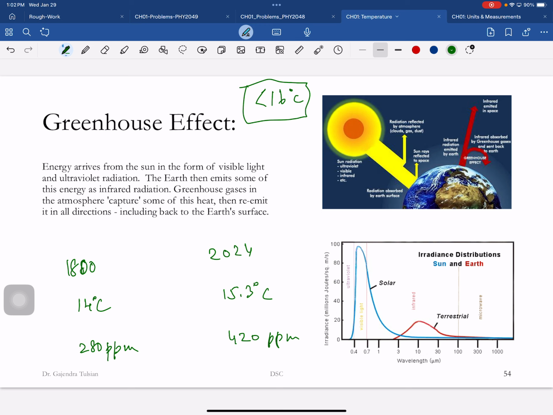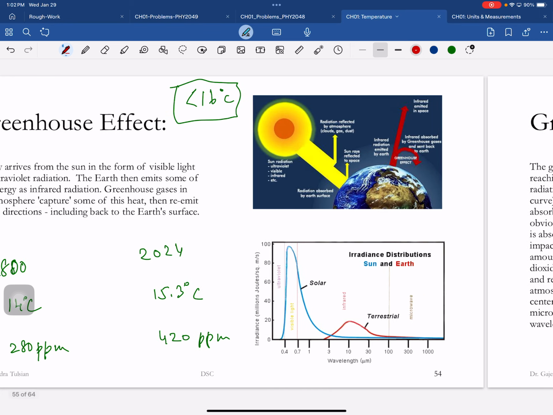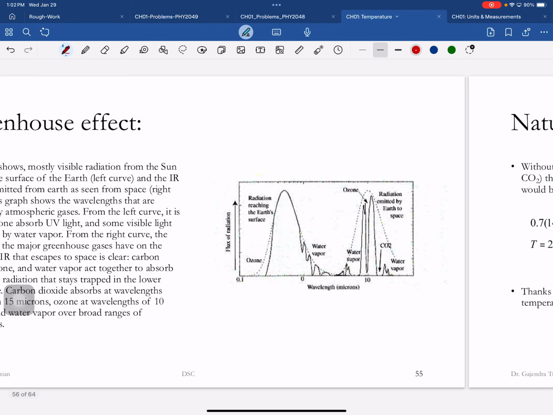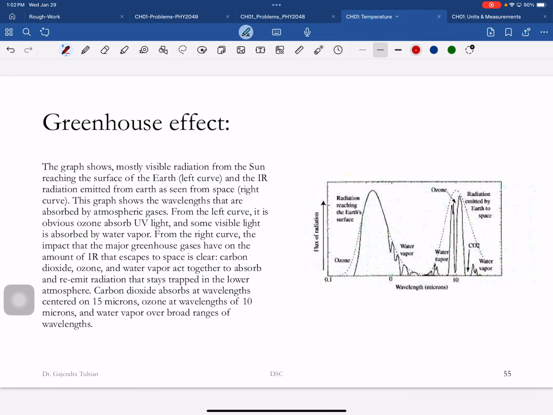What carbon dioxide does is infrared light gets absorbed and re-emitted; it gets trapped. I'm going to skip a whole bunch of slides. This shows the infrared light being emitted.